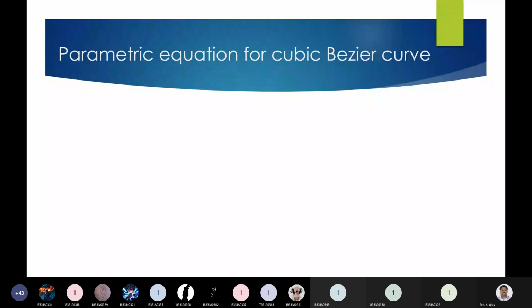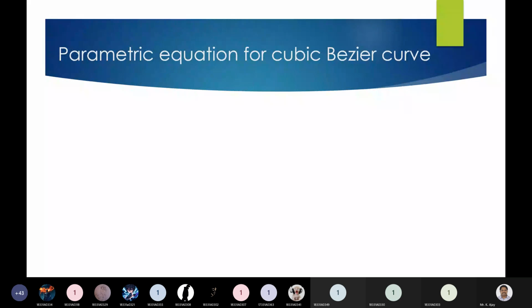In order to make use of the C2 continuity, the minimum order that we need to consider is the third order. That is the reason we are always trying to understand the cubic Bezier curve, and similarly the Hermite cubic spline only. We are not going beyond that or below that.